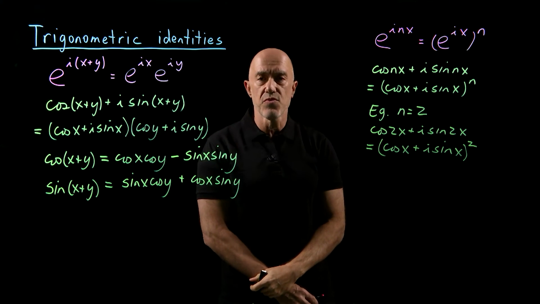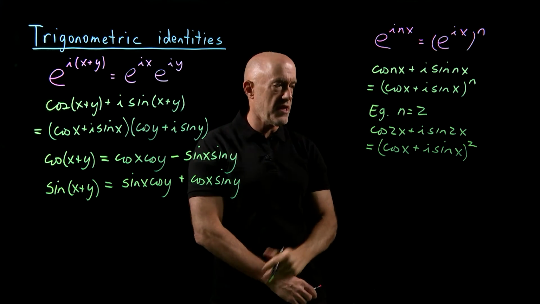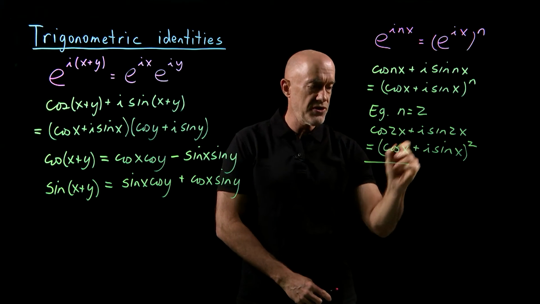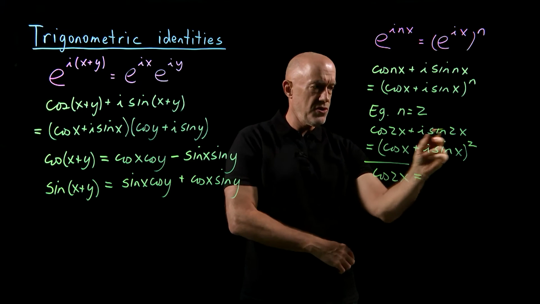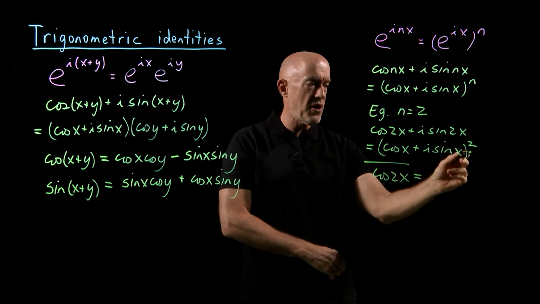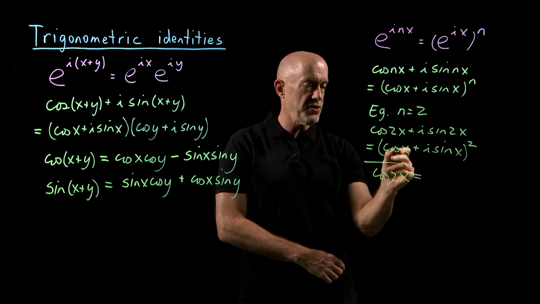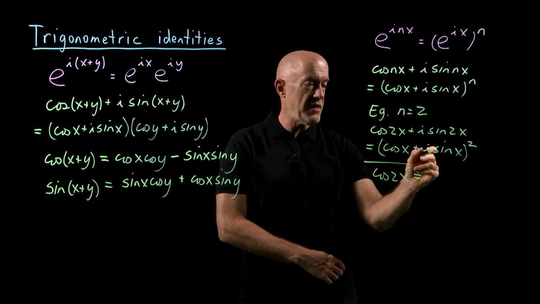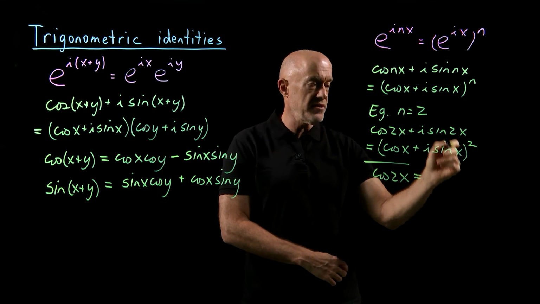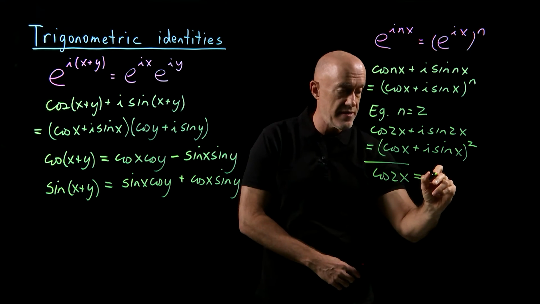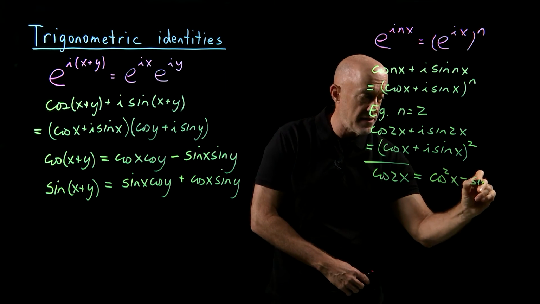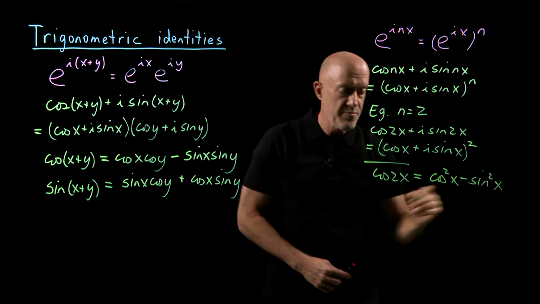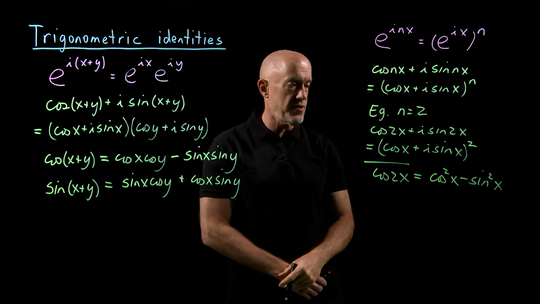Okay, so what does the real part equals the real part look like? We have cosine 2x then is equal to the real part here. The real part is going to be the cosine squared plus i squared sine squared. i squared is minus 1, so that's cosine squared x minus sine squared x, perhaps an identity you know already.